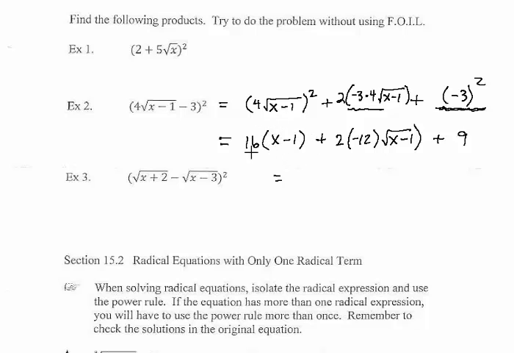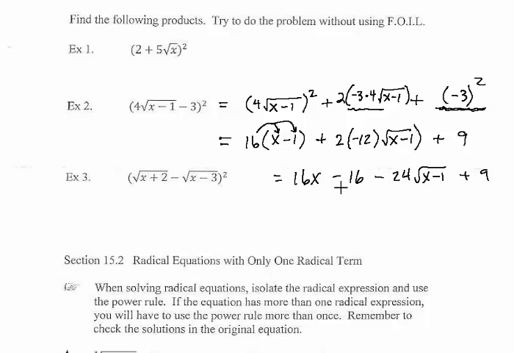For this first one, we want to get rid of these parentheses, separate everything out into individual terms. So we'd have a 16x minus a 16. Here in the middle term, we'd have a negative 24 square root of x minus 1, and then a plus 9 on the end.